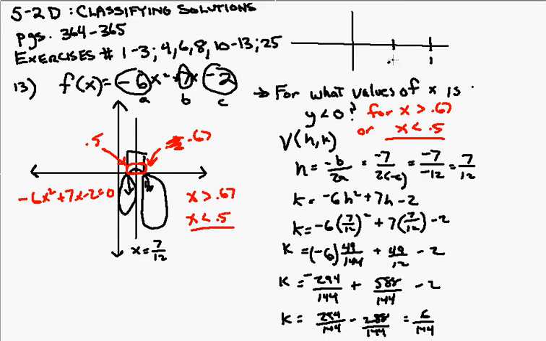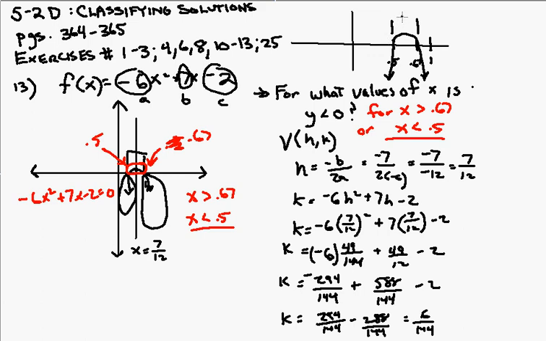Here is 0.5. Here is 0.67. Okay, so my parabola is going like this. Okay, so the y values are going to be from here to here.